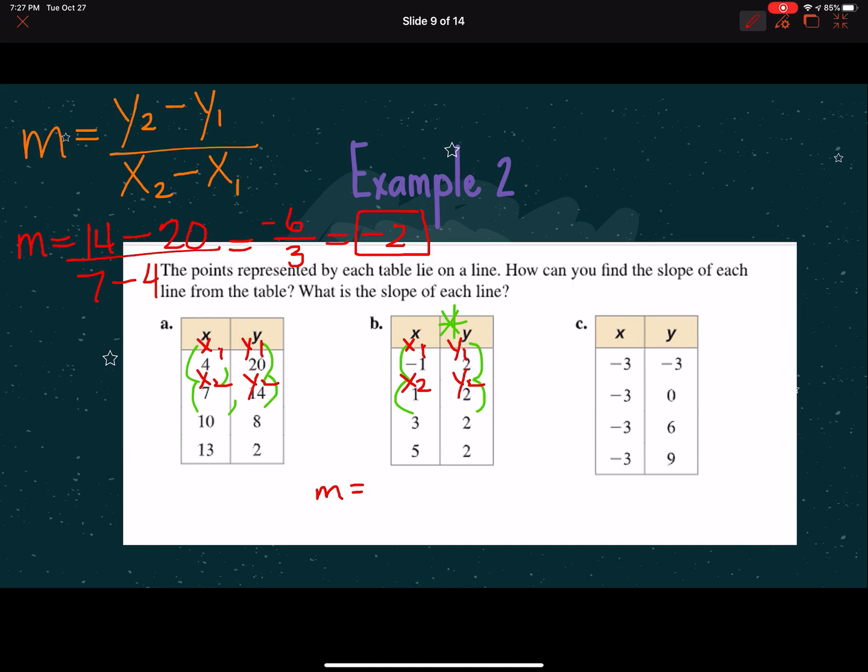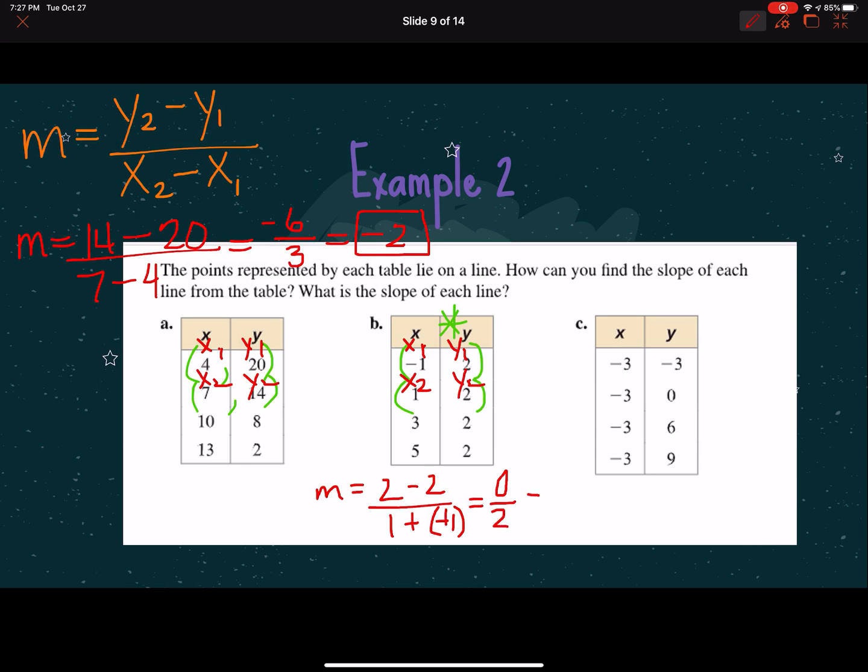So y2 is 2, subtract y1, which is 2, over x2, which is 1, subtract x1, which is -1. So 2 subtract 2 is 0, and 1 subtract -1 is actually 2.